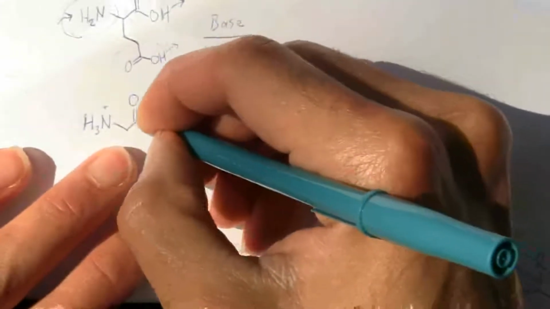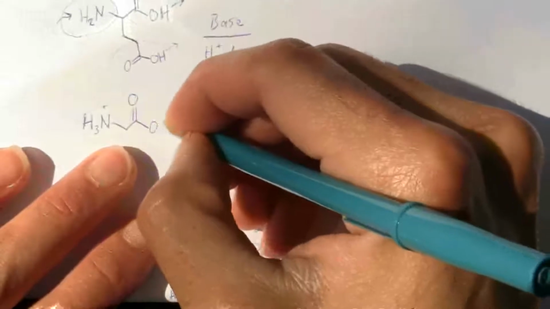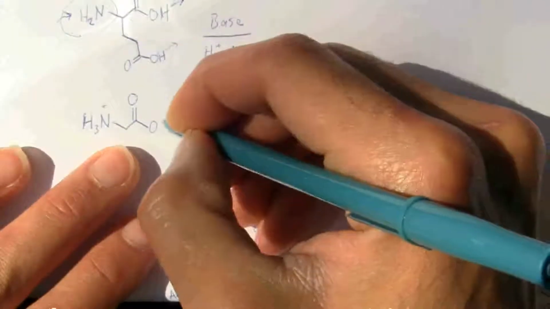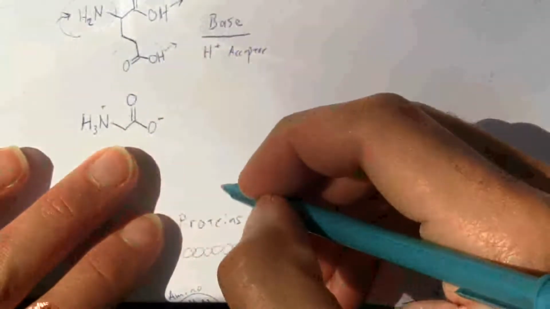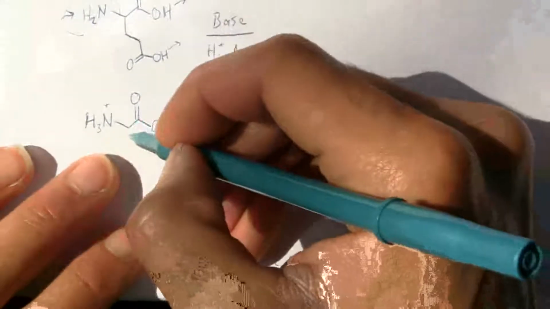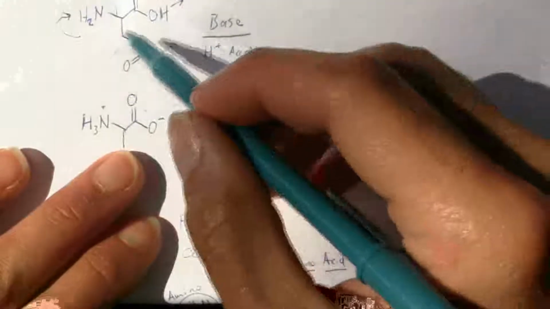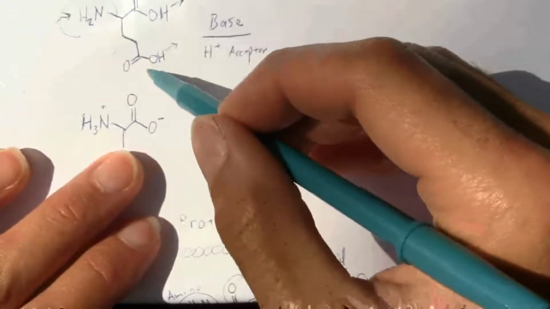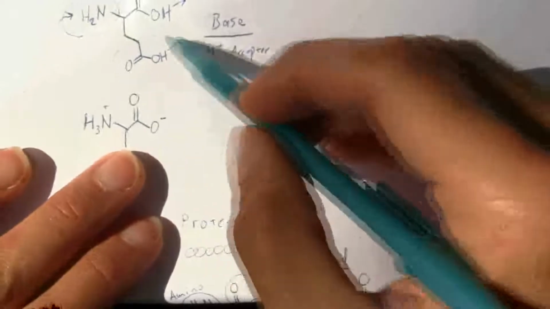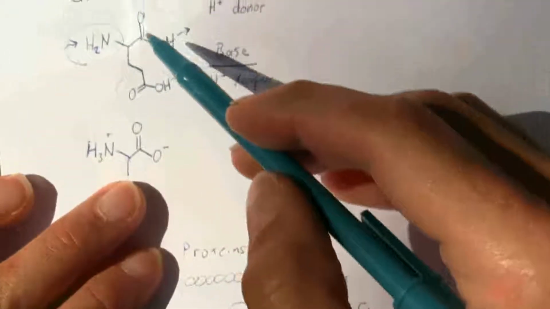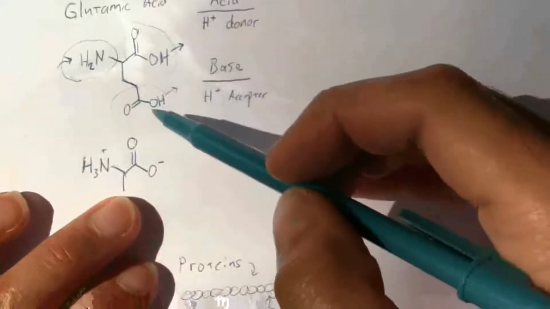And on this side, the hydrogen is gone, and so we have a negative charge on that oxygen. Now remember, this is the case for any amino acid. Not all amino acids have this other acid group. Just a few of them have another acid group. Glutamic acid is one such.